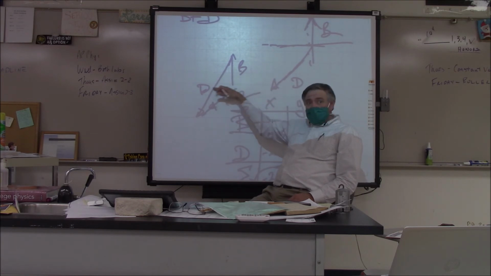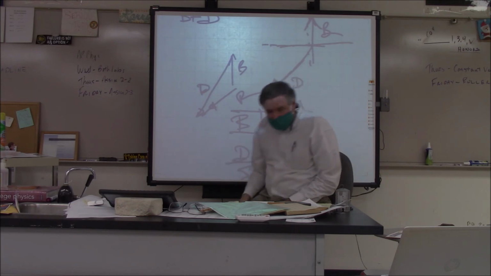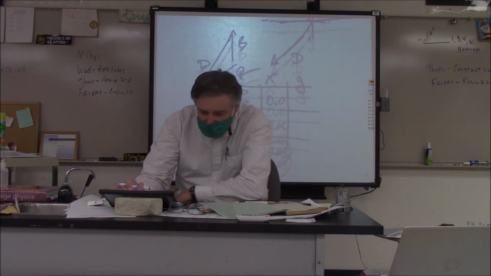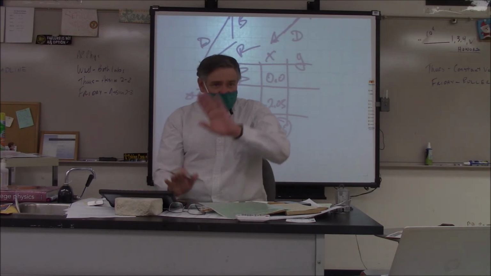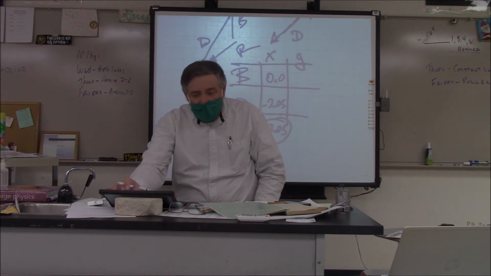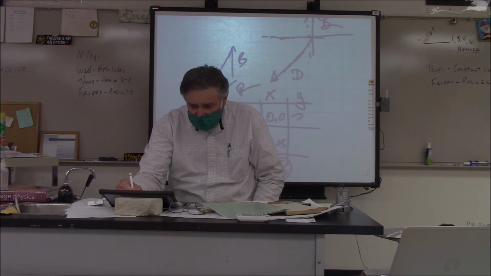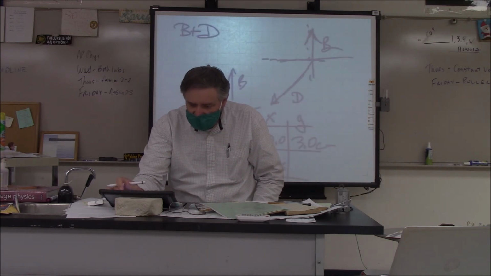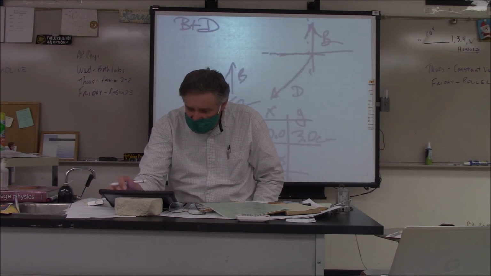But since there's just that x component, this is the only thing going in this direction. So this x component is only going to be negative 2.05. That tells us which direction we're going to go. Now, on my y components, B's y component is 3. And what was D's y component? Negative 5.64.